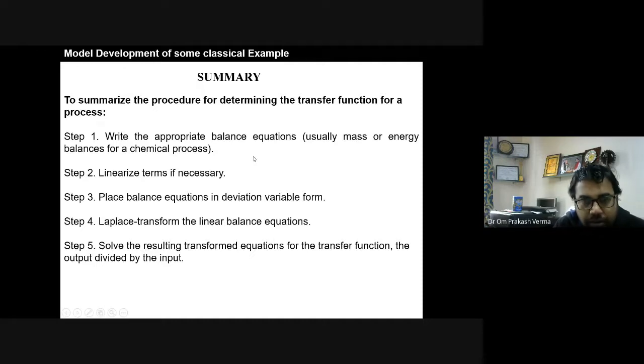What is the summary? How do you start writing the model?